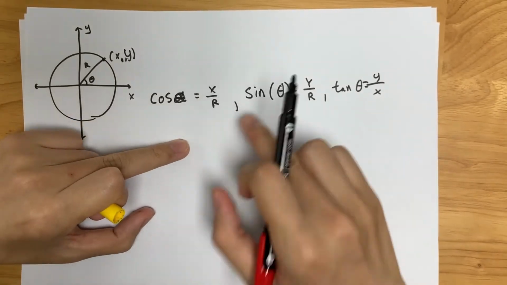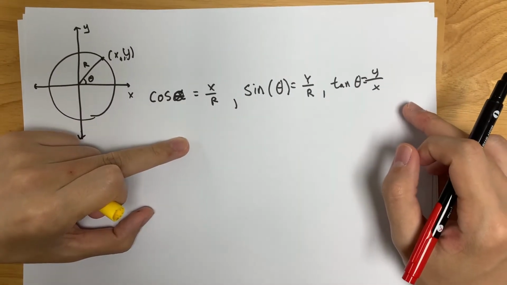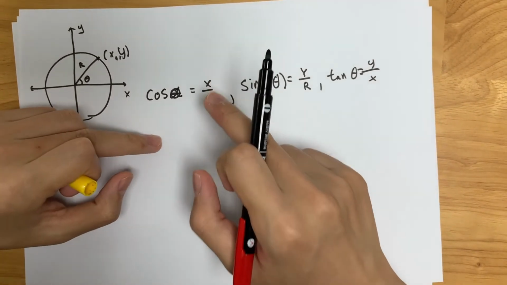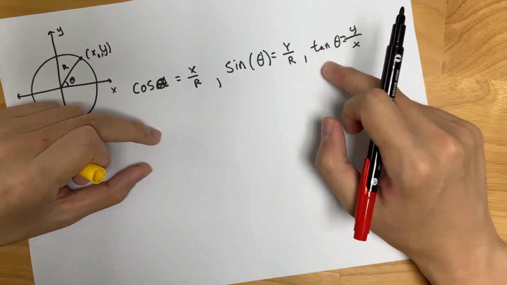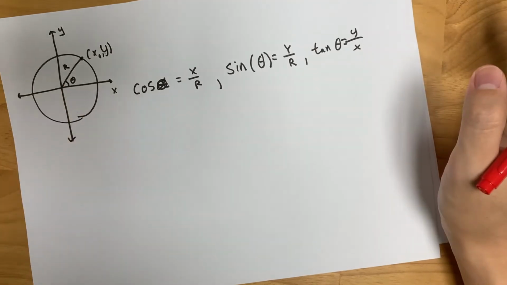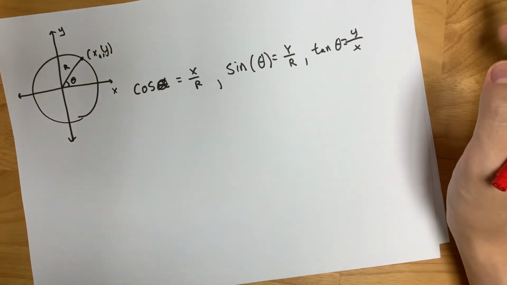Mathematicians just define it this way: X over R is cosine, Y over R is sine, and Y over X is tangent. It's nothing more than that.